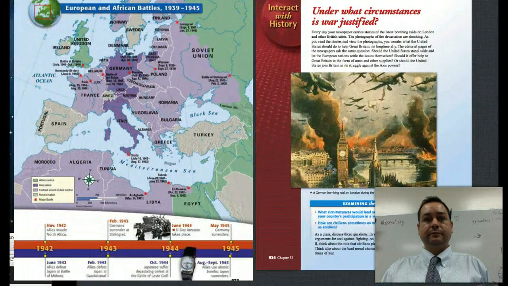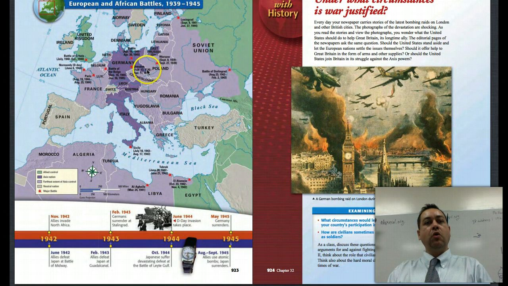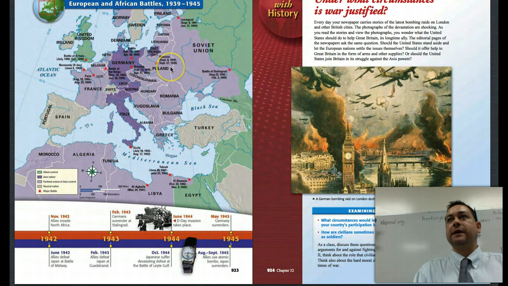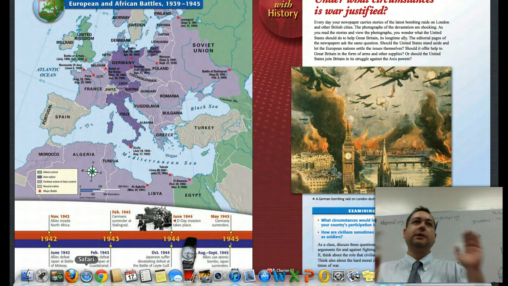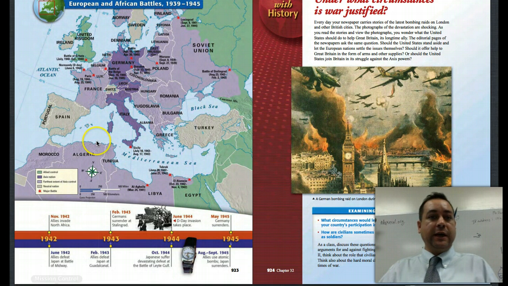Hitler's idea was that if he didn't have to fight a war in the East with the Soviet Union, he could use all of his armies and all of his planes to fight against France and England. Once he got control of France, though, and once he had Poland and Czechoslovakia, he suddenly said, hey, Soviets, guess what? We're not friends anymore. And so then he switched all of his armies and went to the east to attack the Soviet Union.